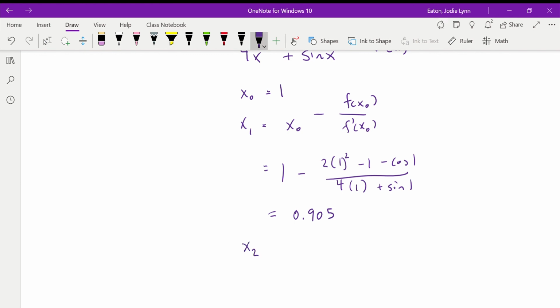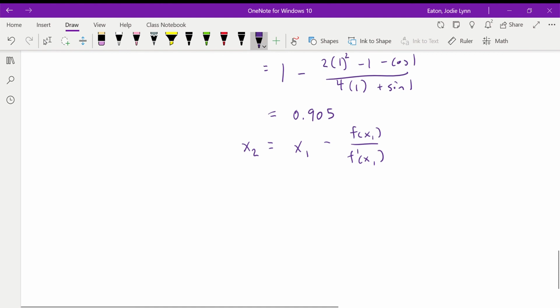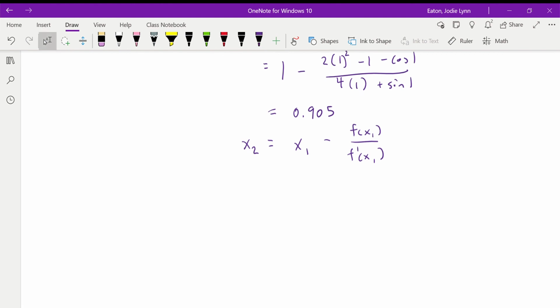And this is x2, which is x1 minus f of x1 over f prime of x1. And I wouldn't be surprised if graphing calculators use something like that to help you find the intersection of points, because this is an iterative method that they can apply. Computers do this really well, which is applying the same thing over and over again. It's an algorithm.